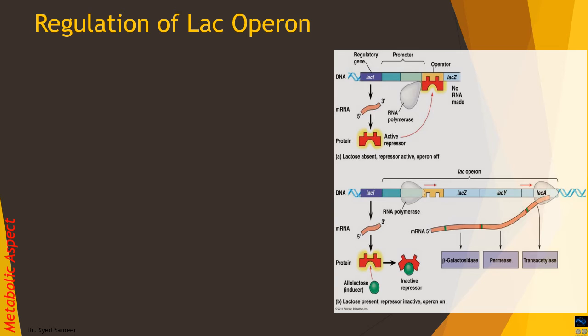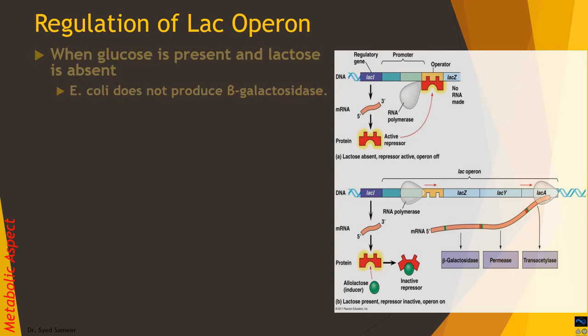Focusing on the metabolic aspect of the regulation of the Lac operon, and hence the expression of the structural unit of this operon, this depends upon the relative availability of glucose and lactose for the E. coli cell. And there are usually four different kinds of scenarios that can be present in the environment where the E. coli is living.